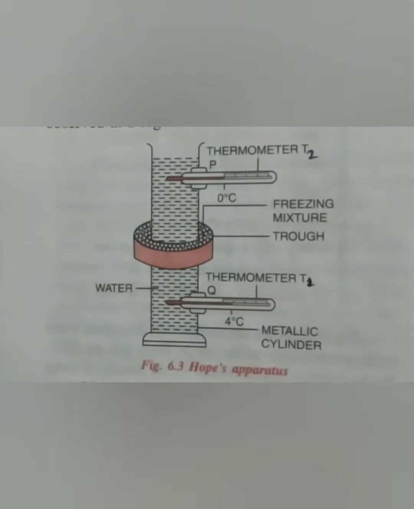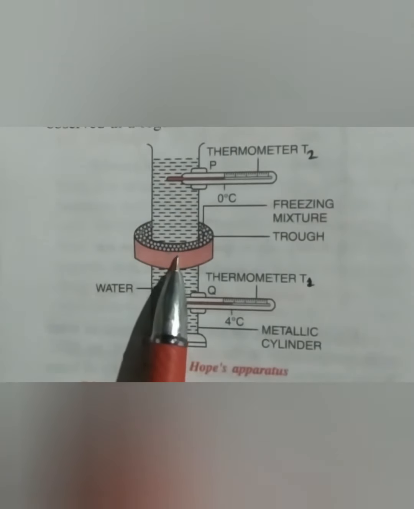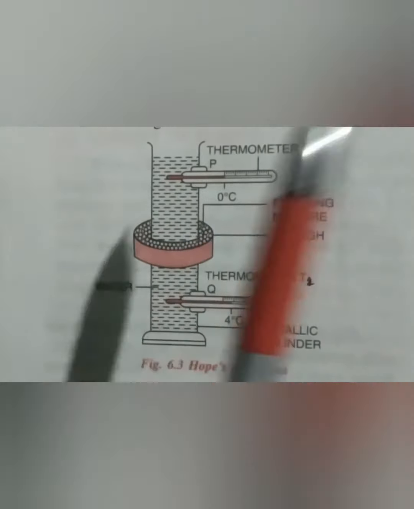As we know, during anomalous expansion, when water is cooled from 4 degrees centigrade to 0 degrees centigrade, it expands. So the water here starts expanding and its density decreases, and hence it is lighter now, so it rises up.